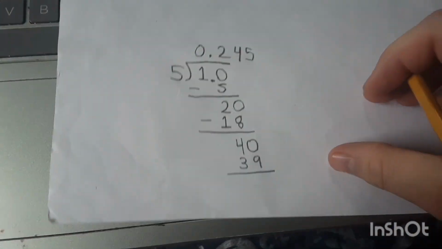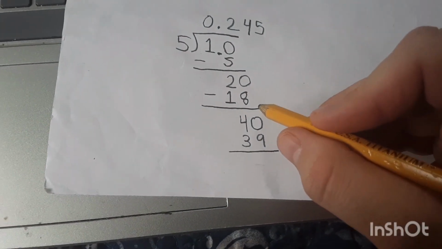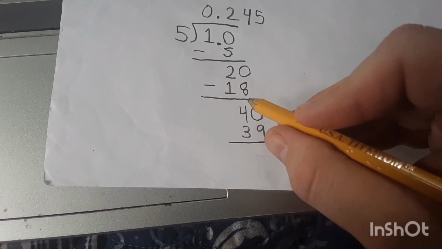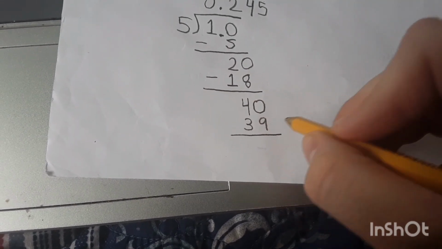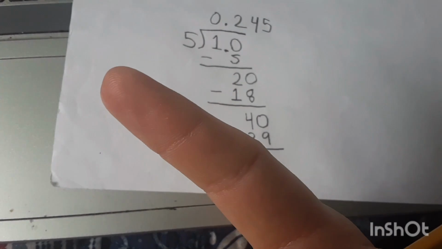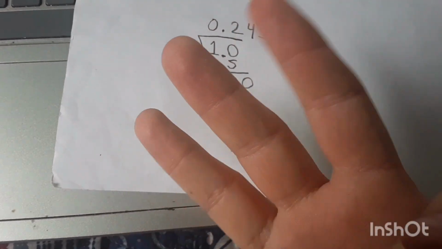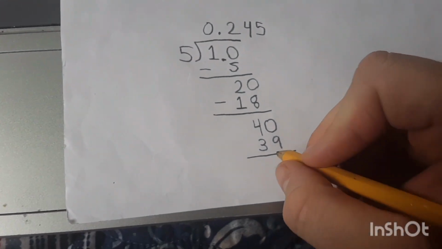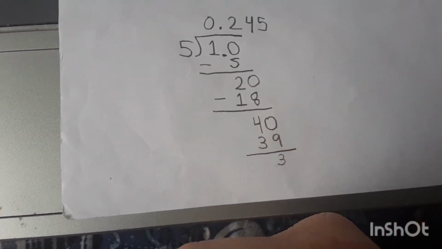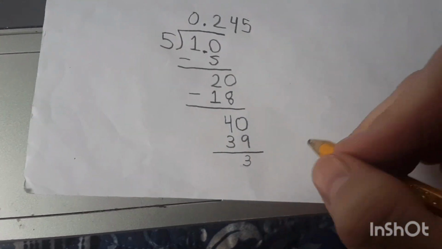But then 40 minus 39, you're going to be tempted to write 1, but it's 3, because 9, 10, 11, 12. So it's 3 there.